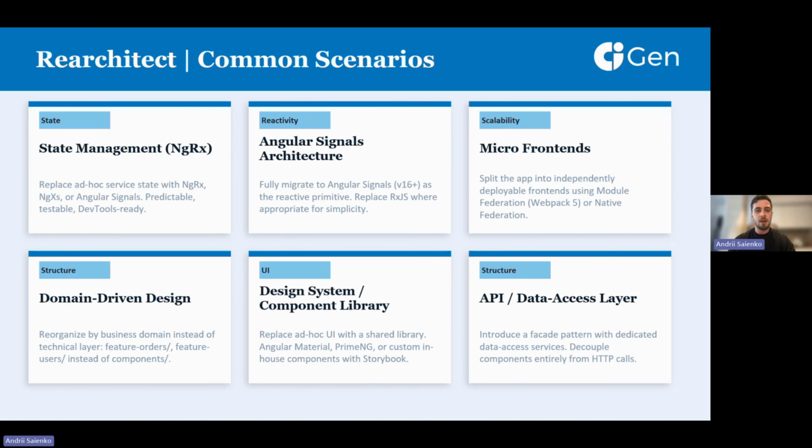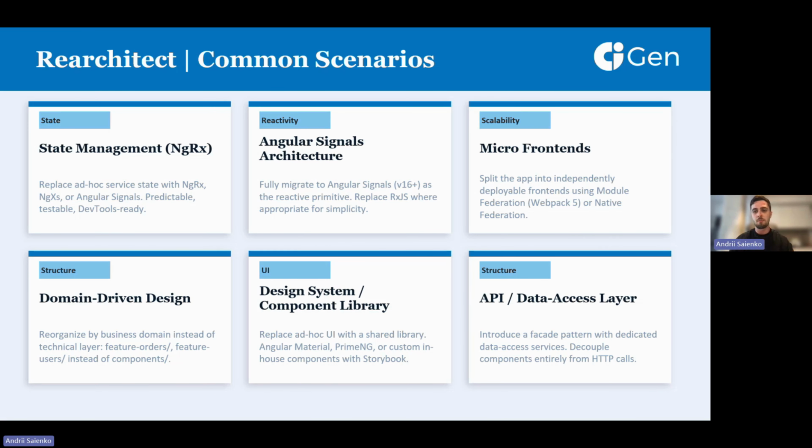And here we have some 6 common scenarios. Or actually, we have more of them, but these 6 are the ones most often met in Angular projects. So introducing NgRx, or an equivalent state management library, for example maybe Signal Store, which is provided in the latest versions of Angular.